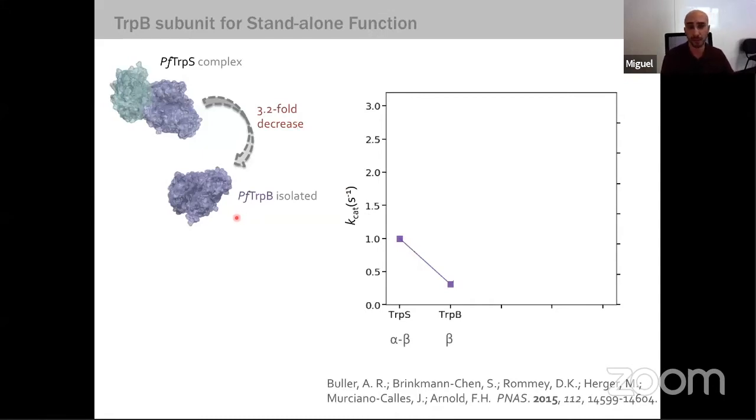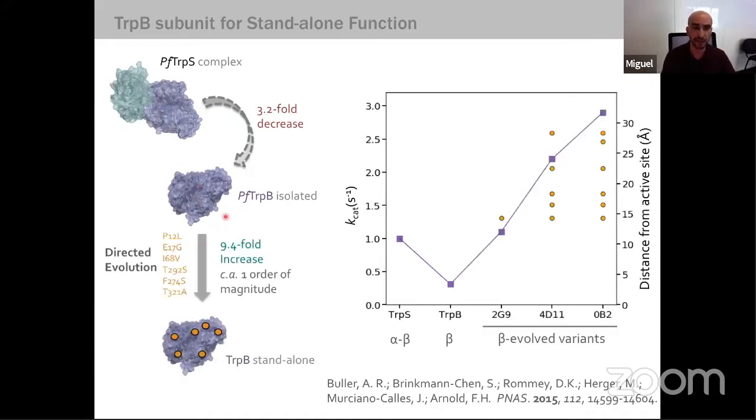For biotechnological applications and for engineering enzyme properties, it's much more desirable to operate with monomeric entities instead of multimeric complexes. Arnold and co-workers addressed this problem and applied directed evolution to the TRPB isolated subunit, and they enhanced the catalytic activity by more or less 1 order of magnitude, successfully obtaining this TRPB standalone catalyst.